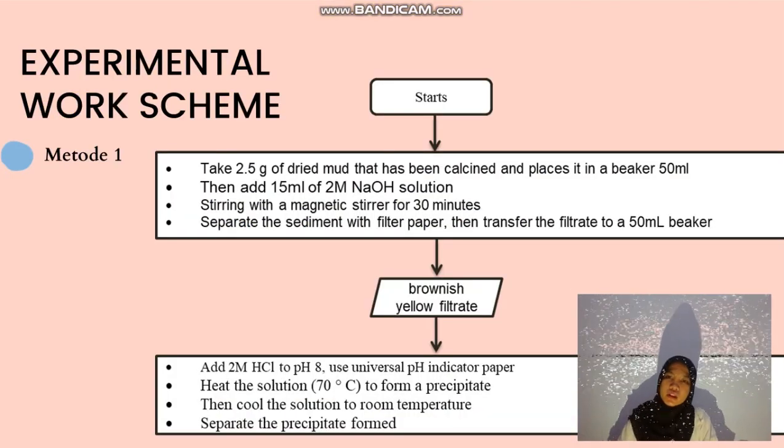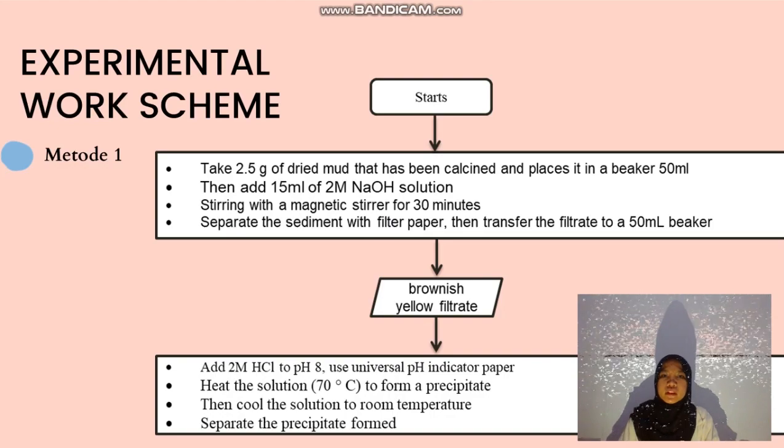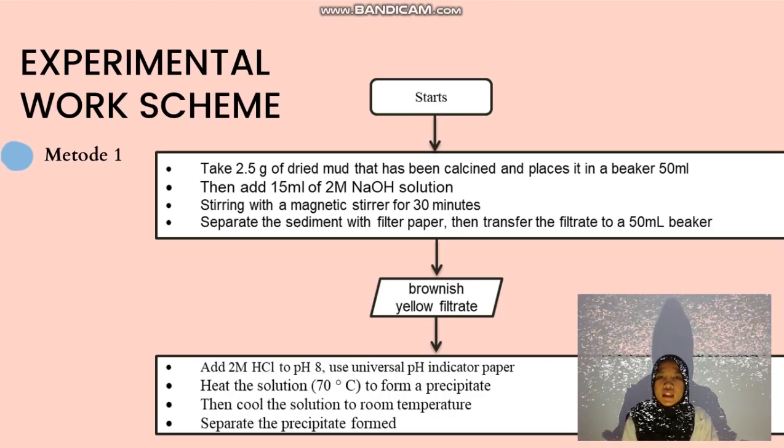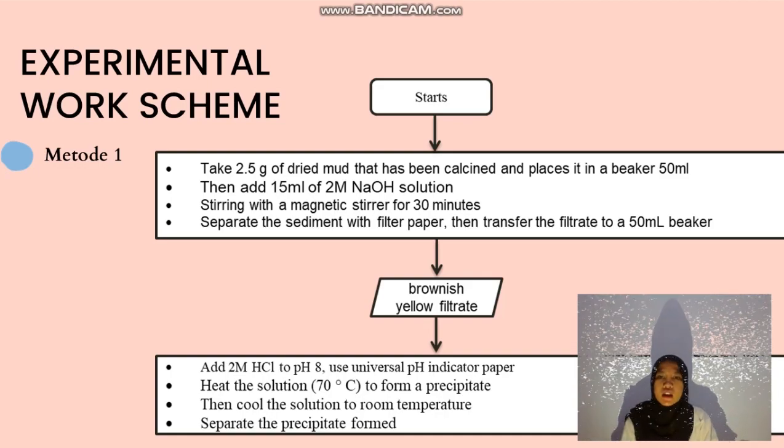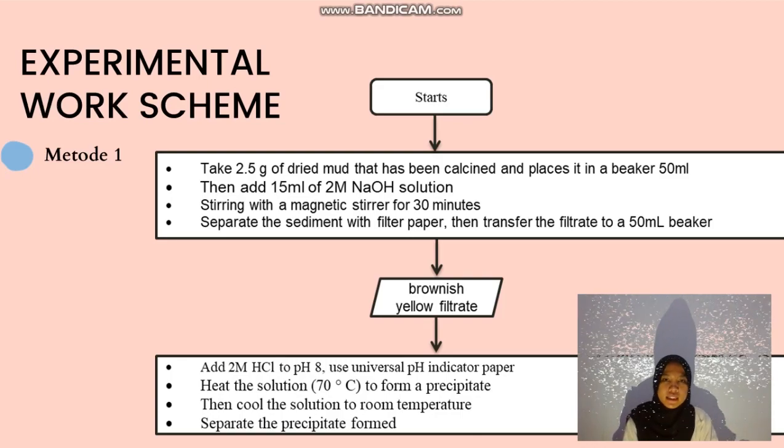So, experimental work scheme. Method 1. The start is to take 2.5 grams of dried mud that has been calcined and place it in a 50 ml beaker.